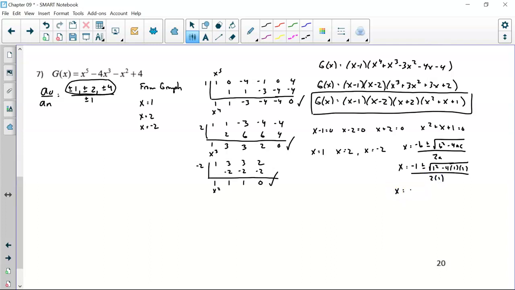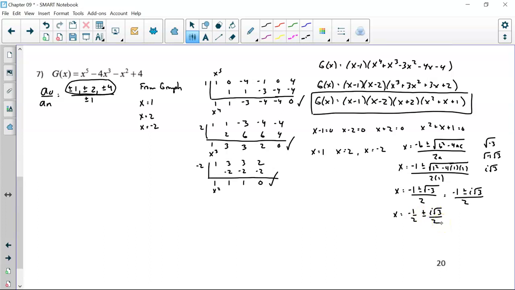So x equals negative 1 plus or minus the square root of negative 3, all divided by 2. Now the square root of negative 3 is the square root of negative 1 and the square root of 3. So it's i root 3. So it equals negative 1 plus or minus i root 3 all divided by 2. So when we split them up, x equals negative 1/2 plus or minus i root 3 over 2.